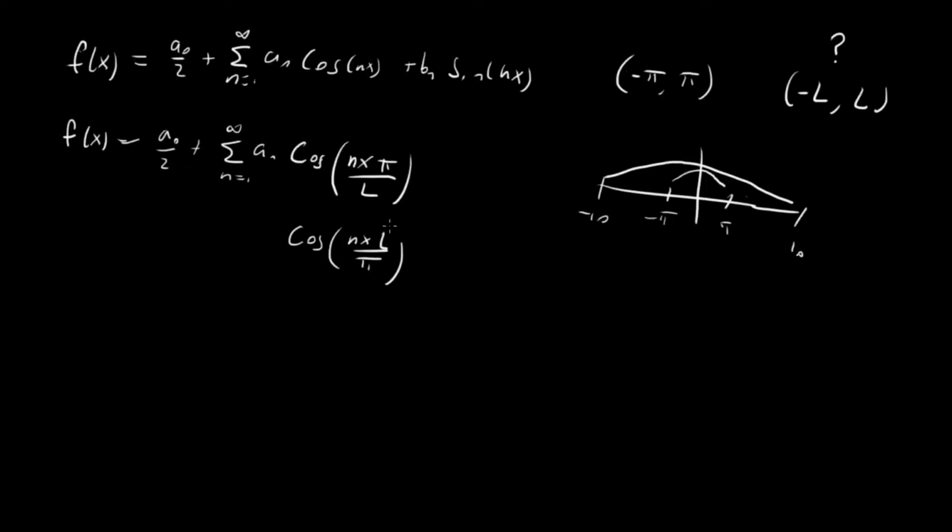We know that these are our only two options because it's got to be something linear, which means just multiplicative. And we know that when we set L equal to pi, we should just get back nx. In both of these cases, when we set L equal to pi, the pi's cancel out and we're left with just nx. So we know both of these work. So which one of these is it?